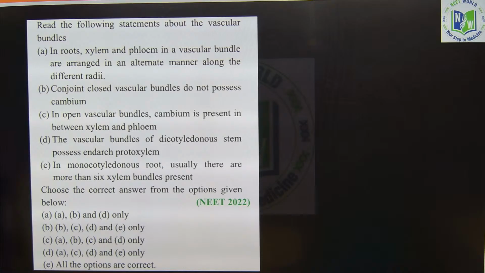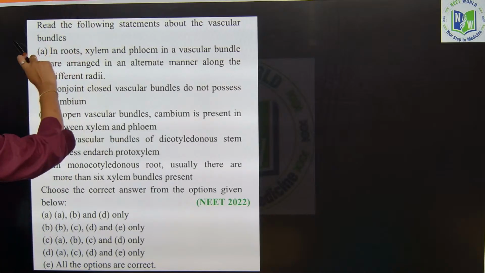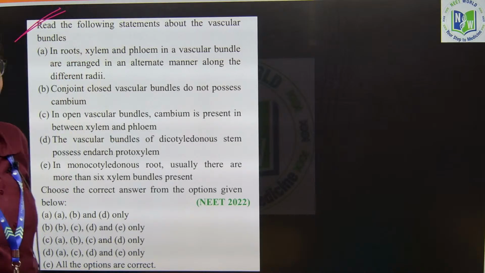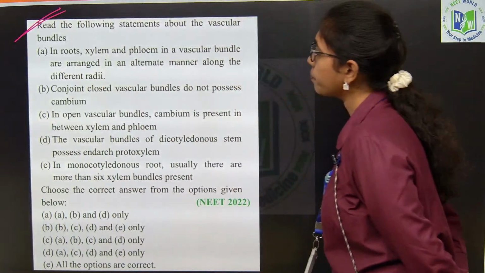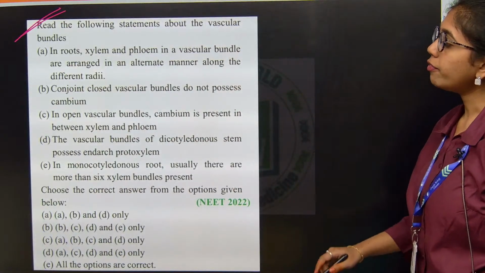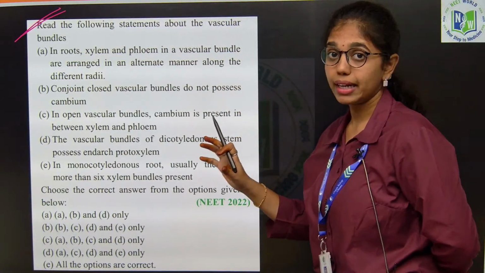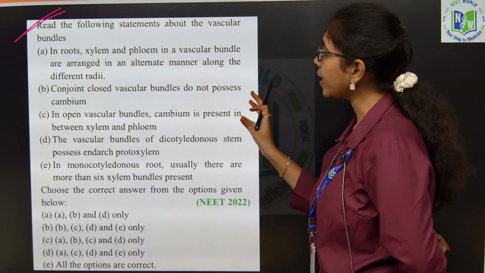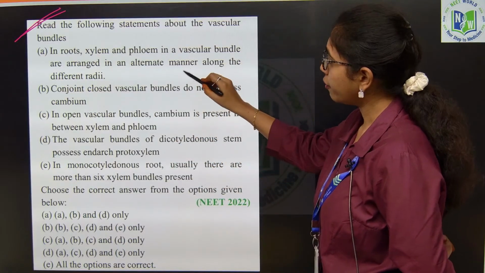Look at this question, from vascular bundles, which appeared in NEET 2022. Important. Read the following statements about vascular bundles. In root, xylem and phloem in a vascular bundle are arranged in an alternate manner along different radii.